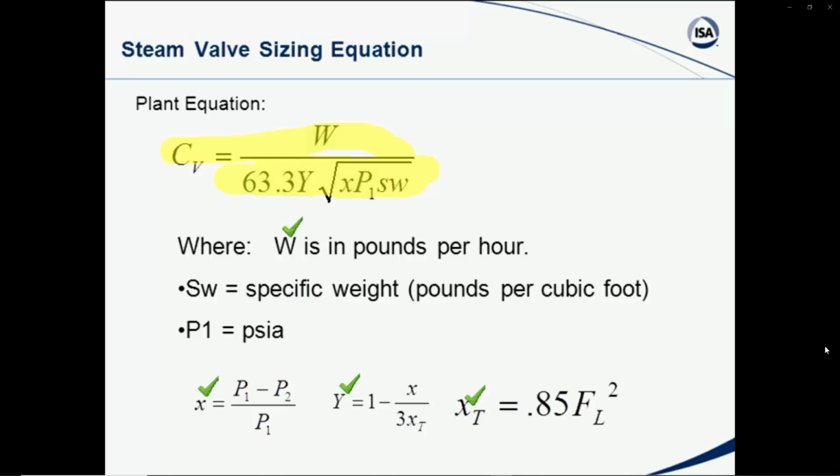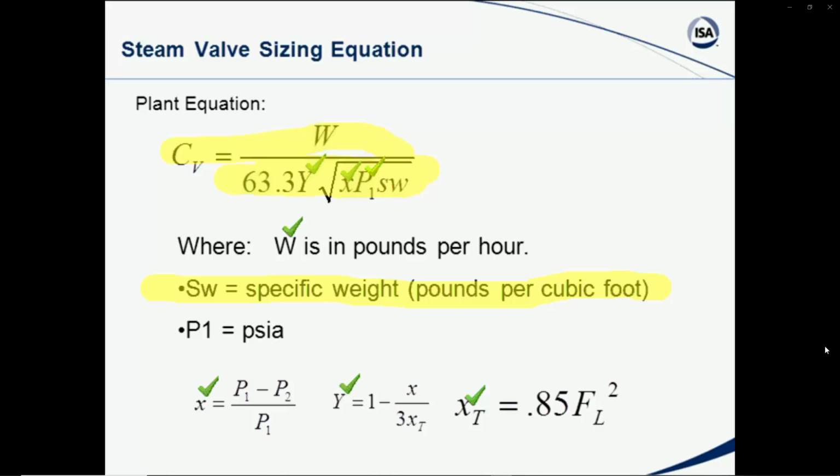Then we plug Y and X into our equation and also our P1, which is our upstream pressure in PSIA, and then we bring one additional note in here that we call the specific weight, pounds per cubic foot of the steam. Now be careful that you use pounds per cubic foot, not cubic foot per pound.